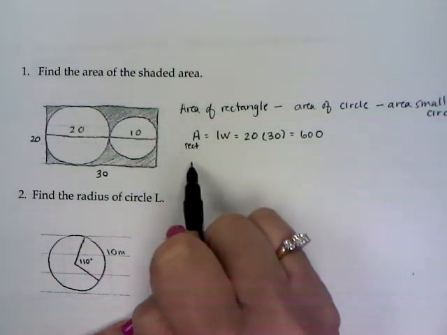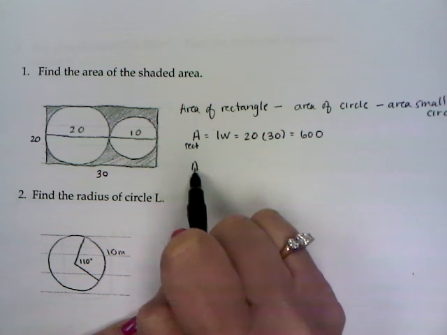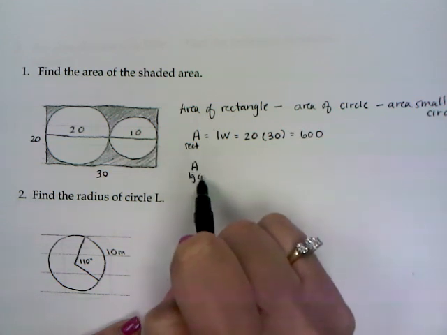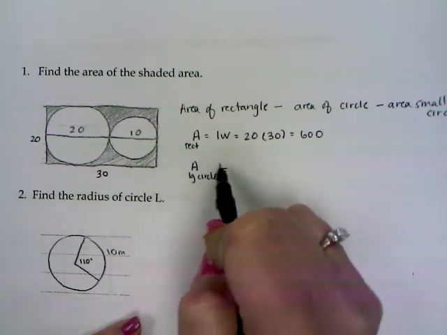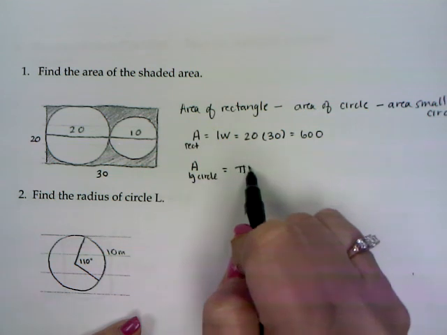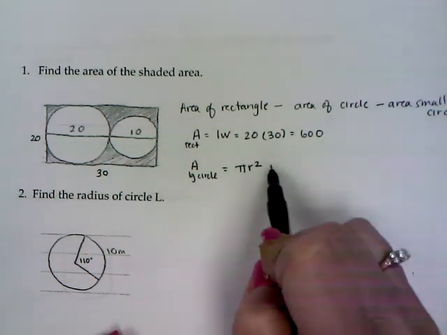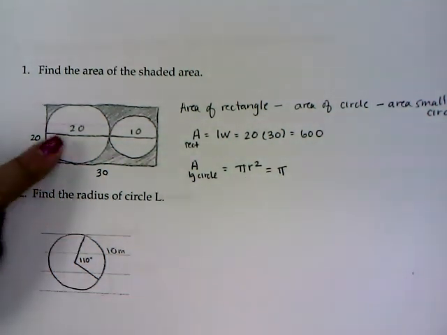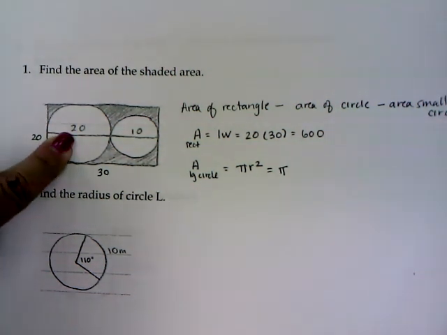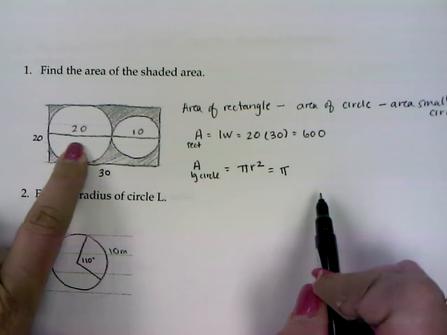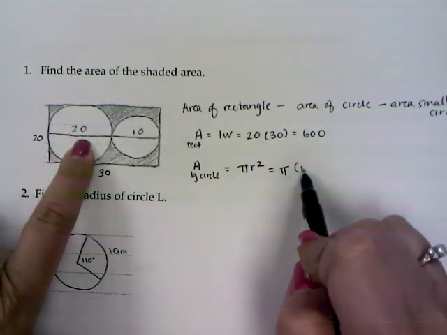Okay, the area of the large circle is going to equal pi r squared. Of my large circle right here, I'm going to need a radius. A radius is half of my diameter, so my radius is 10.